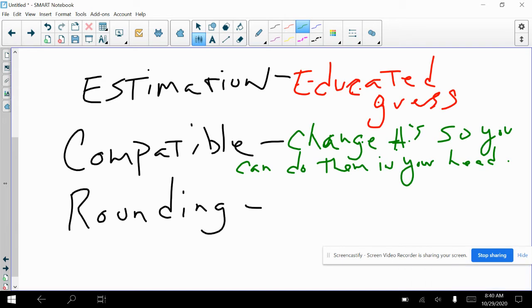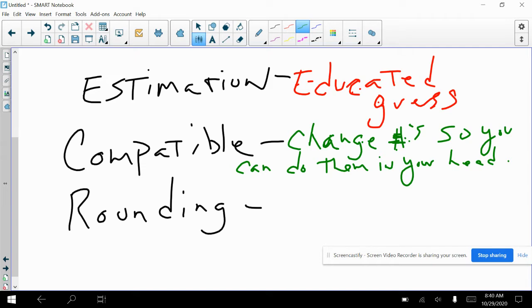Okay, change numbers so that you can easily compute them in your head. And when it comes to compatible numbers, are all of us going to have the same answer? No, not when it comes to compatible numbers. Okay, same thing with estimation.